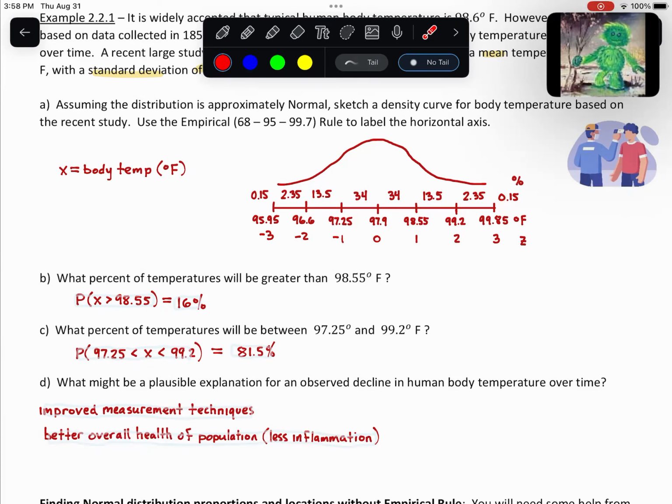We've got improved science and medicine and technology. People might not be quite as beat up and sick as they were back in the 1850s. And of course, that would result in less overall inflammation within your body, which is going to bring your temperature down. That's another possible answer.